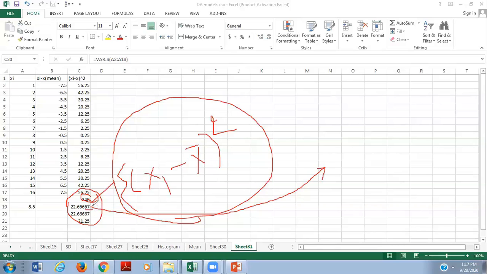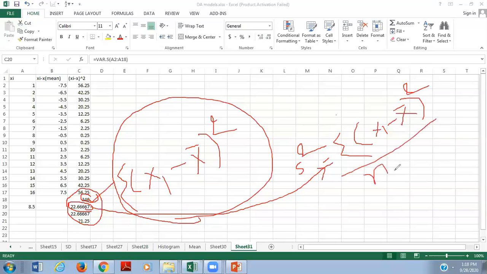This value that we have manually calculated is the sample variance, that is summation xi minus x bar whole square divided by sample n minus 1, 16 minus 1, right?